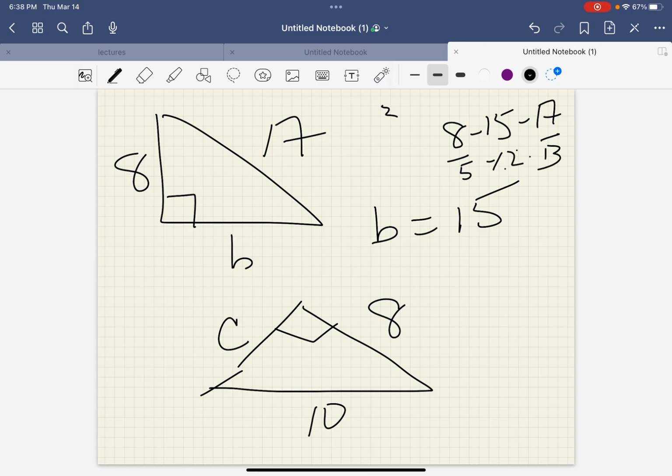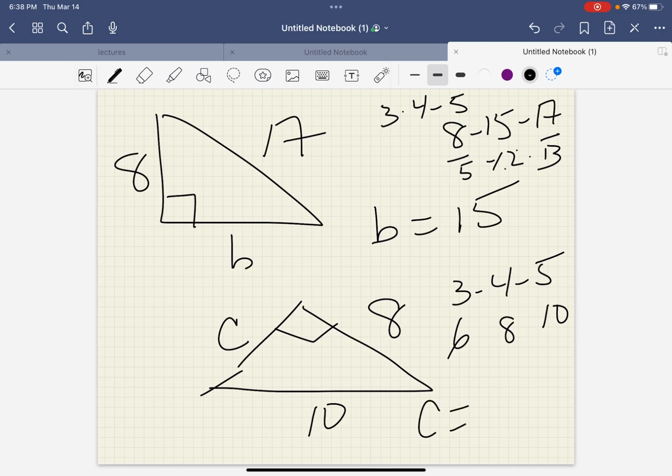And the basic is 3, 4, 5, isn't it? So 8 and 10 don't fall in there, do they? But look at 3, 4, 5. If I multiply 4 times 2, I get 8. 5 times 2, I get 10. So C must be 3 times 2, which is 6.